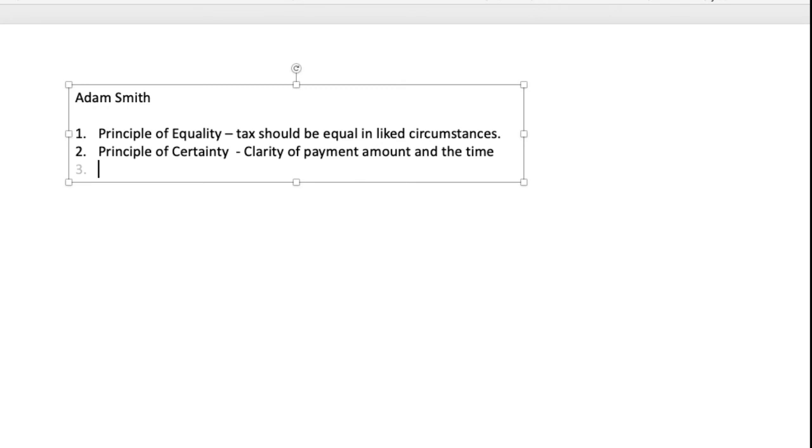So next is convenience of time of payment.